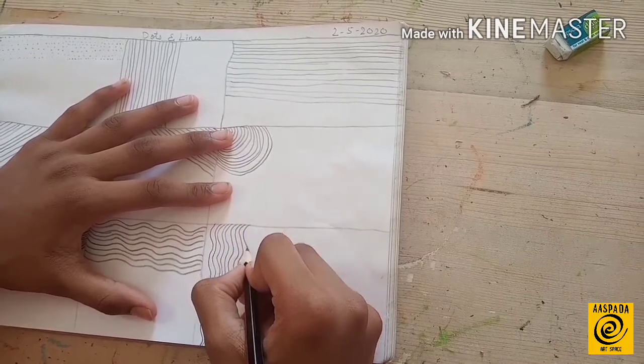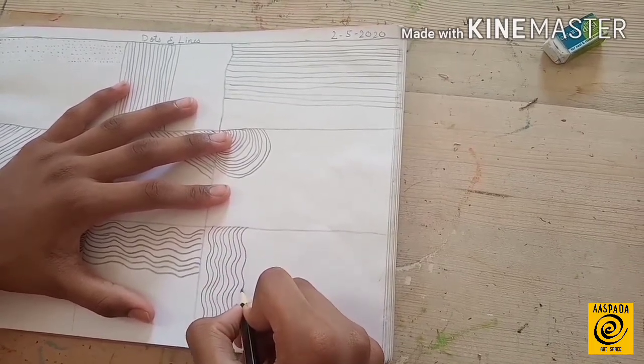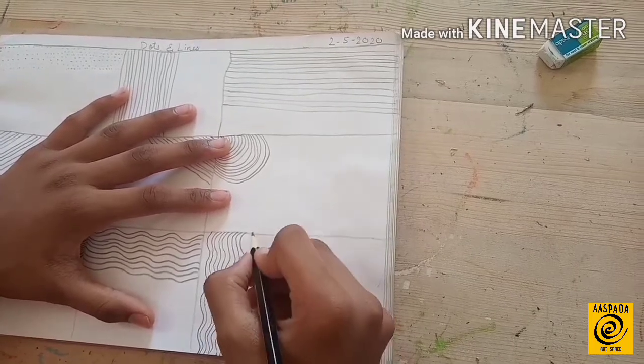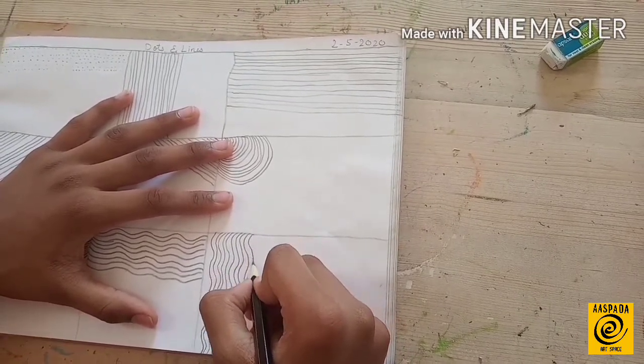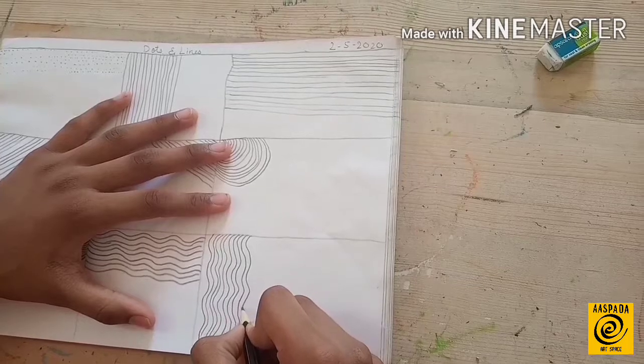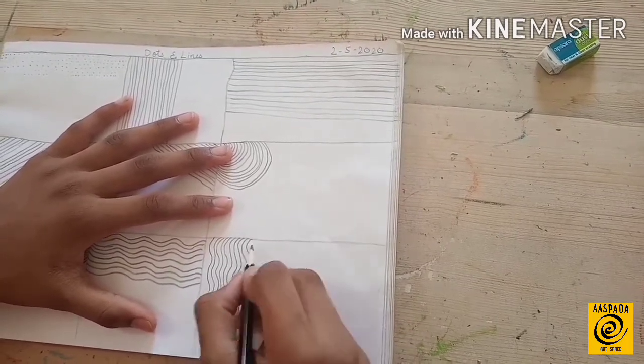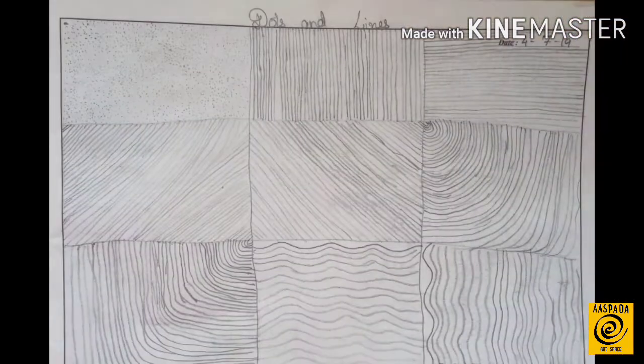So please complete each and every box with its same pattern of lines, and your dots and lines chapter will be completed. This is a complete work. Complete it well like this, and we will meet in the next chapter.